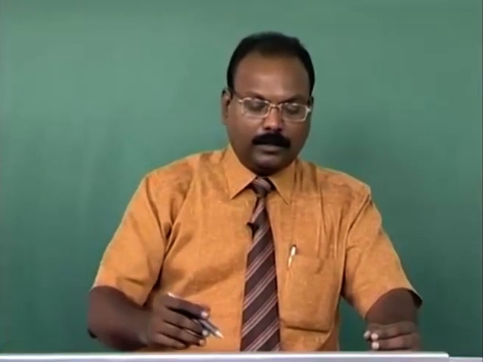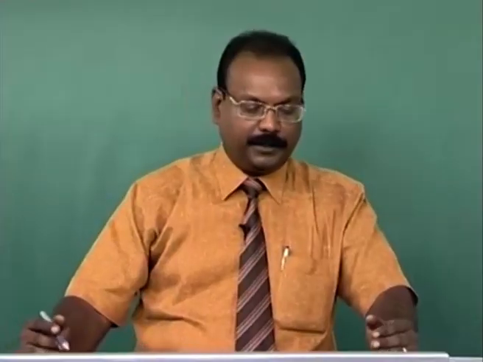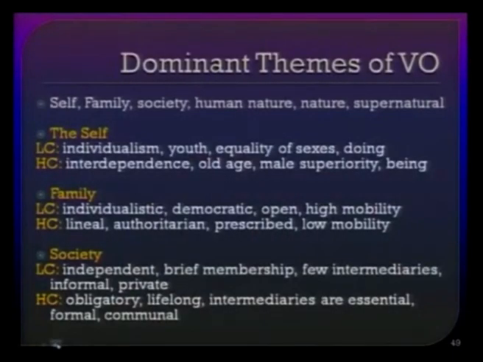So, let us look at the dominant themes of value orientation in terms of self, family, society, human nature, nature and supernatural. Now, first when you look at the self, if the context is low context, the values which are nurtured in terms of self are individualism, youth, equality of sexes, which means there is no discrimination between male and female, all are treated equal, and doing performance.